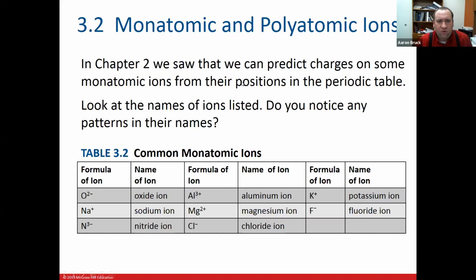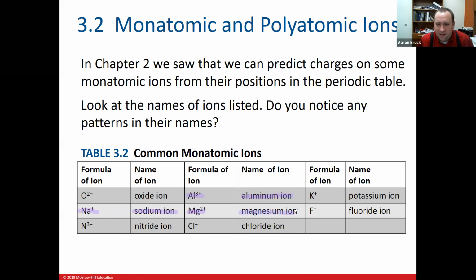So let's move forward. We did a little bit here with regard to some monatomic ions. In particular, we looked at the periodic table, and we were able to determine the charge of an ion based upon its position on the table. And if we do that, we can see that there are some patterns available here. So for example, Na+ is the sodium ion. Al3+ is the aluminum ion.